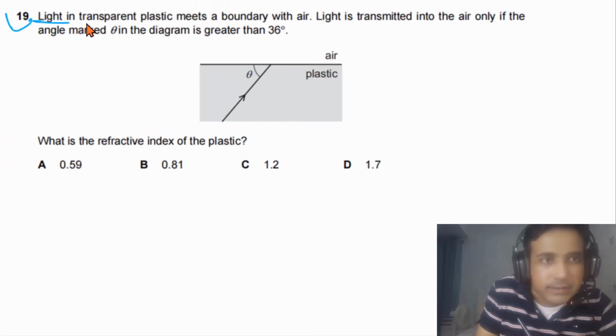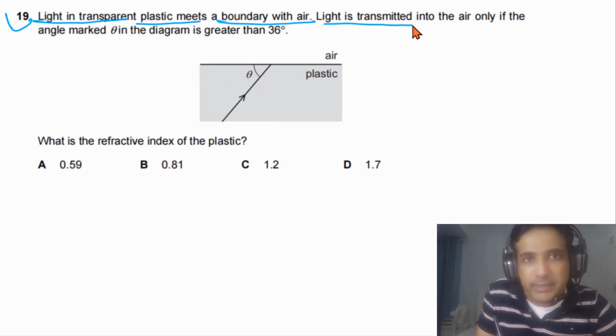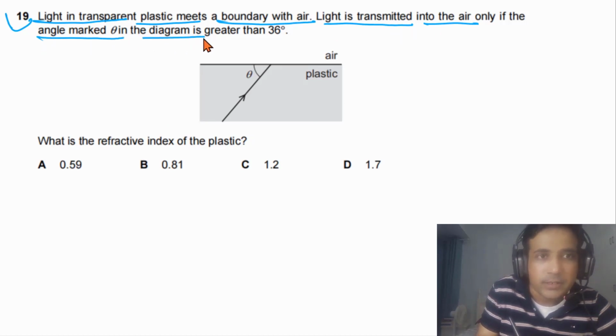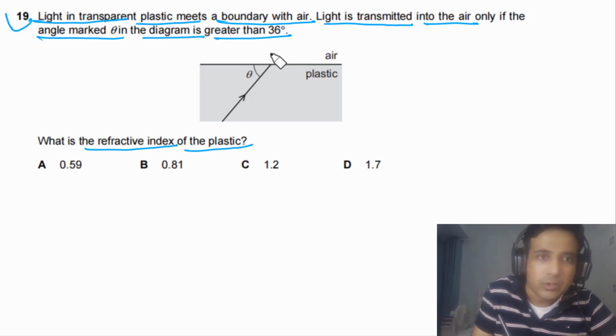Question 19 says light in transparent plastic meets a boundary with air. Light is transmitted into the air only if the angle marked theta in the diagram is greater than 36 degrees. What is the refractive index of the plastic? In this case, first of all, we need to draw the normal line. So we can draw the normal at this point. So this is the normal.